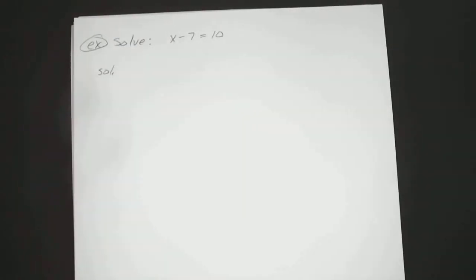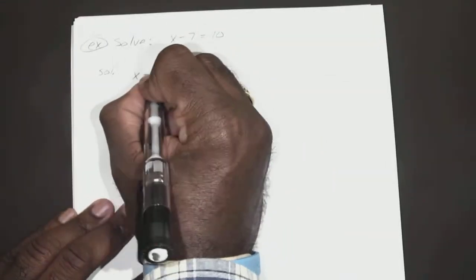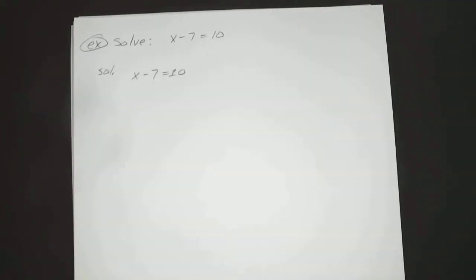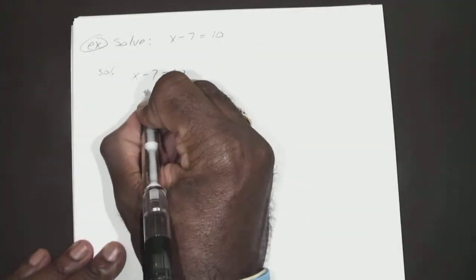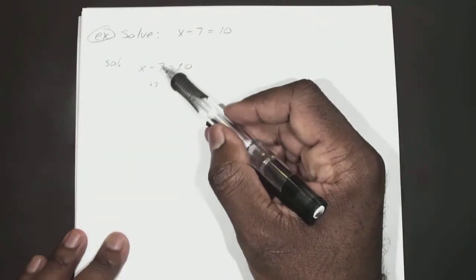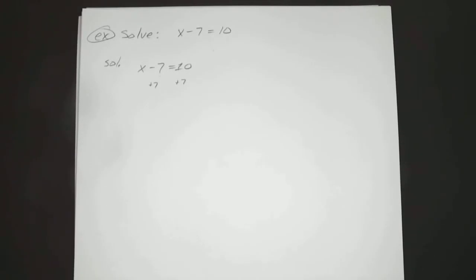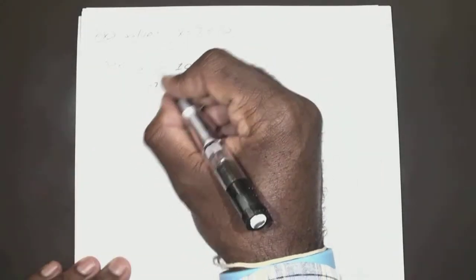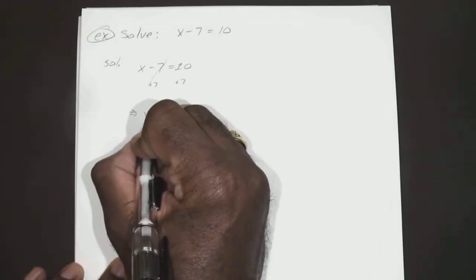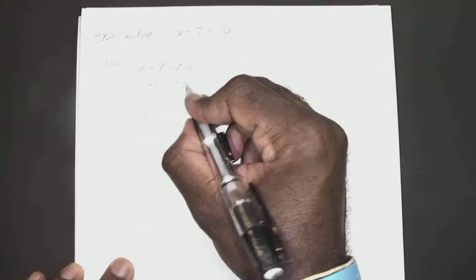Using the actual addition and subtraction property, if you have a minus 7 here, if you add 7 to both sides, then 7 and negative 7 cancel out and you end up with 0. So you end up with x equals 10 plus 7, which is 17.